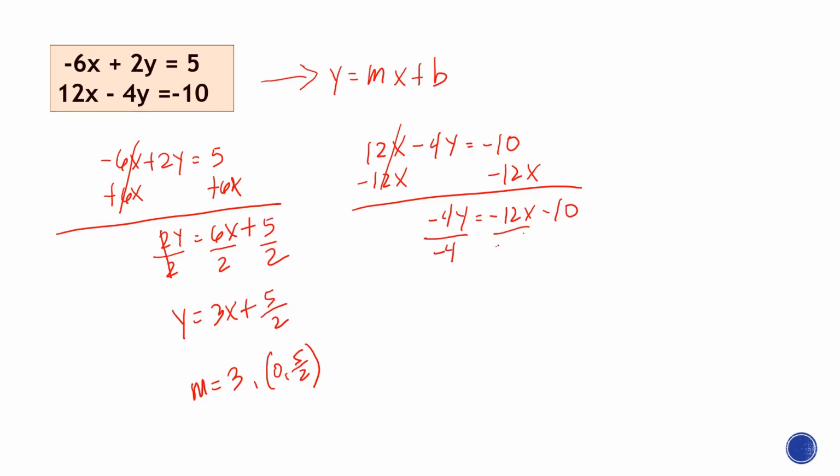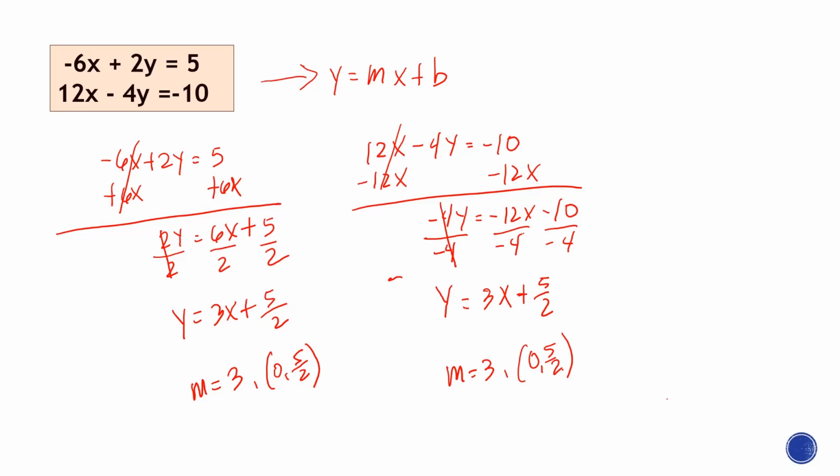Then divided by negative 4. Cross that out. That's 3x. That's positive. Simplify 5 over 2. So the slope of this one is 3. And the y-intercept is at 0 and 5 over 2.